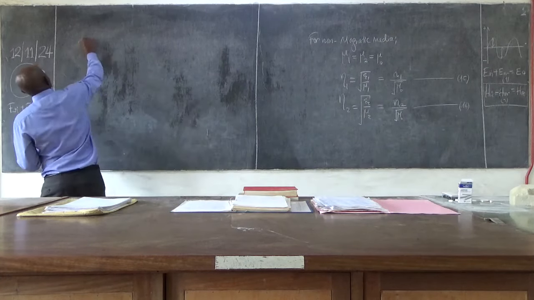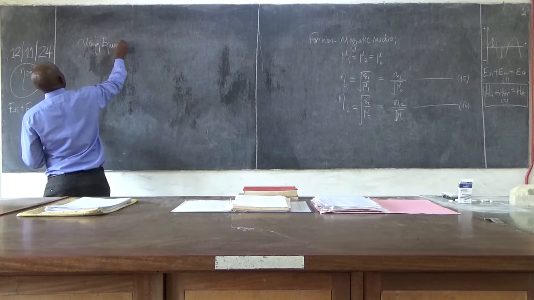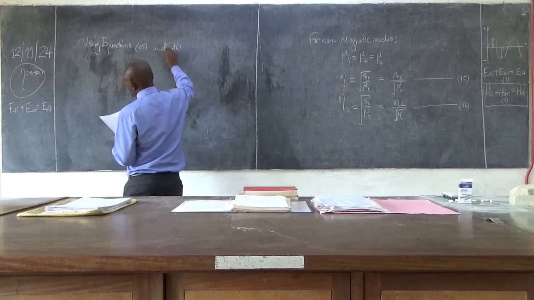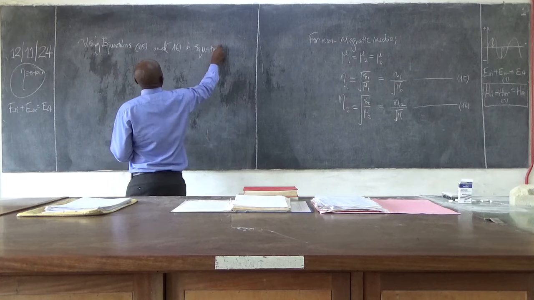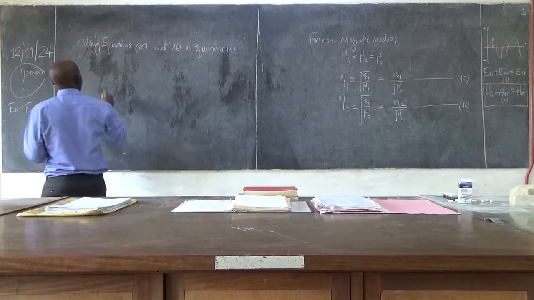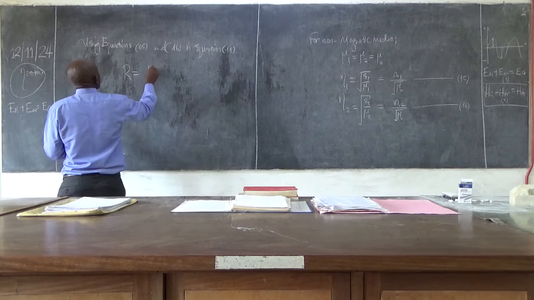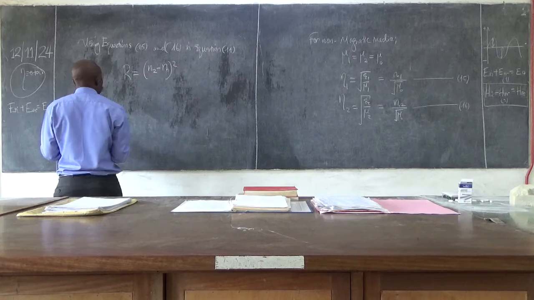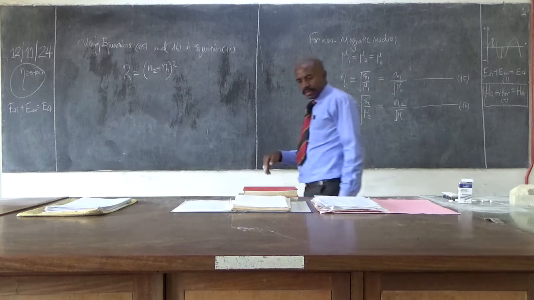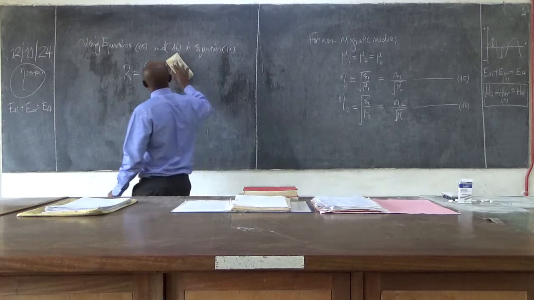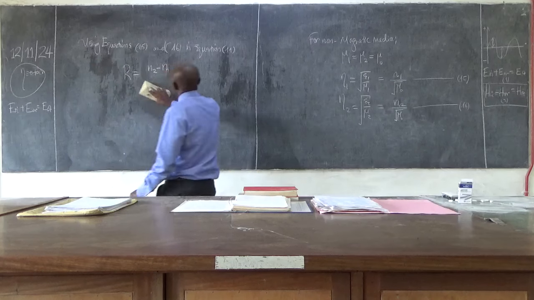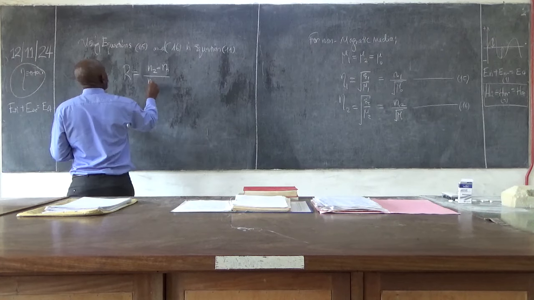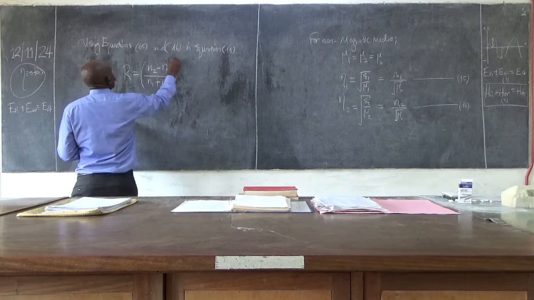So using equations 15 and 16 in equation 11 would yield that R is equal to N2 minus N1, squared, over N1 plus N2, squared.